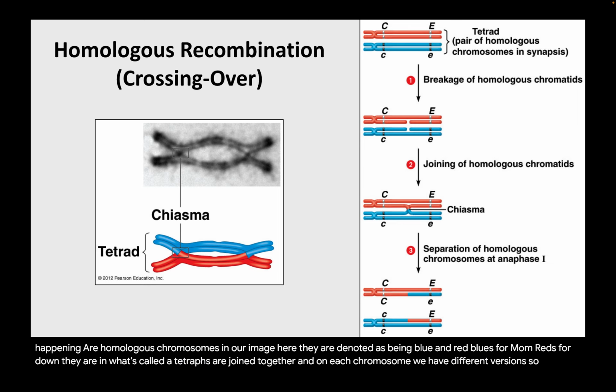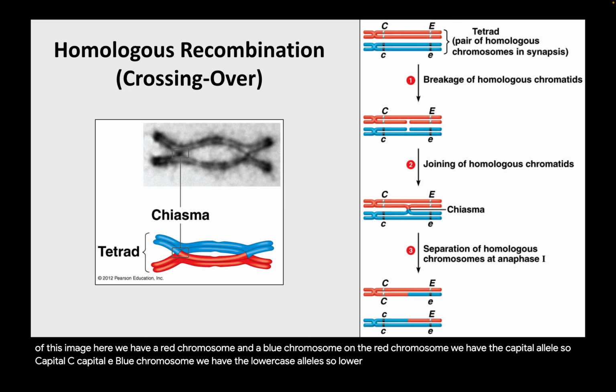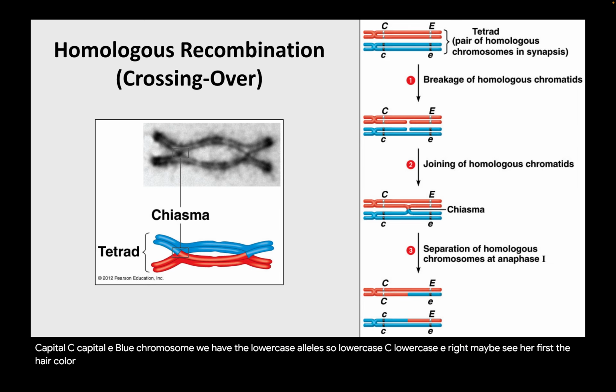So at the top of this image here, we have a red chromosome and a blue chromosome. On the red chromosome, we have the capital alleles, so capital C, capital E. On the blue chromosome, we have the lowercase alleles, so lowercase c, lowercase e. Maybe C refers to hair color, E refers to eye color.